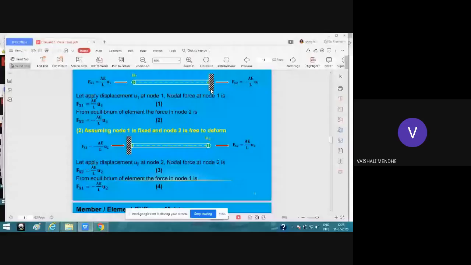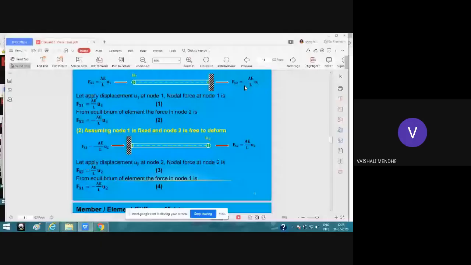So the concept is that we have considered a single member of the truss and denoted its displacements U1 and U2 at node 1 and node 2. Then one end we keep fixed and the other end is free to deform, and we have applied the displacement U1 at node 1.